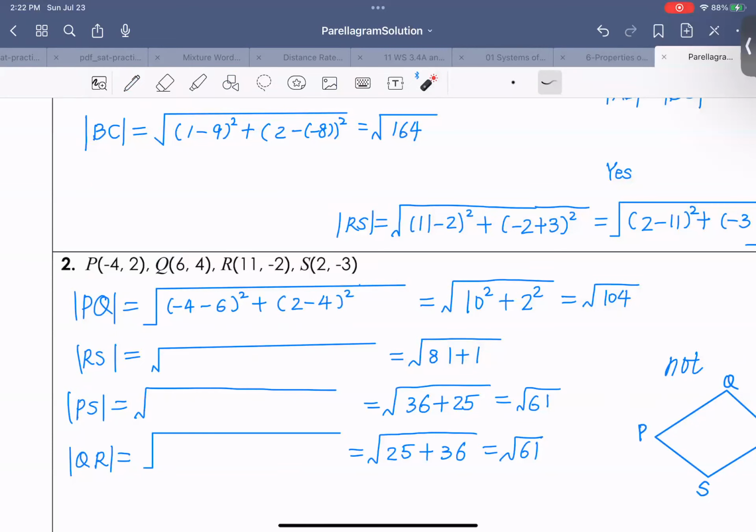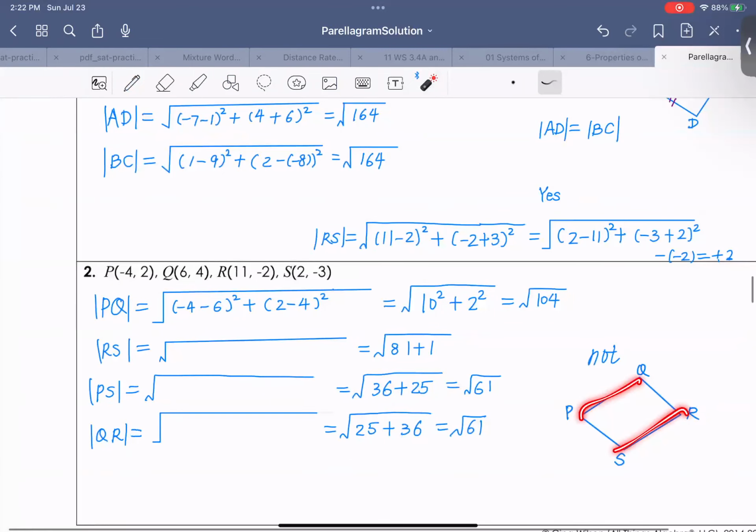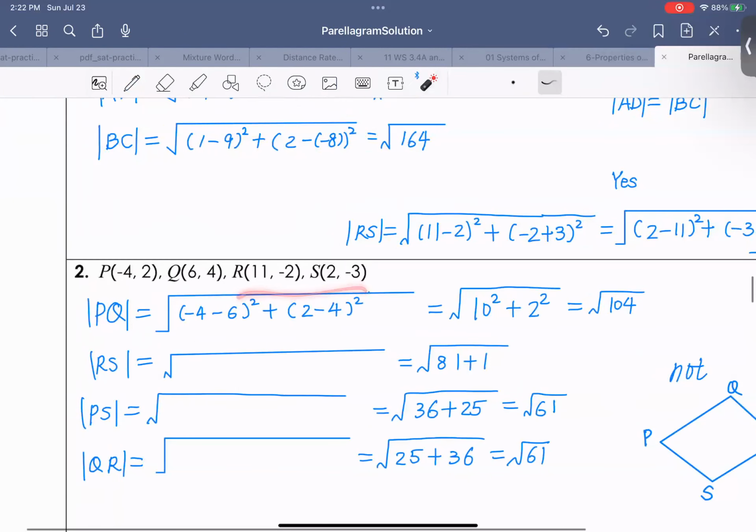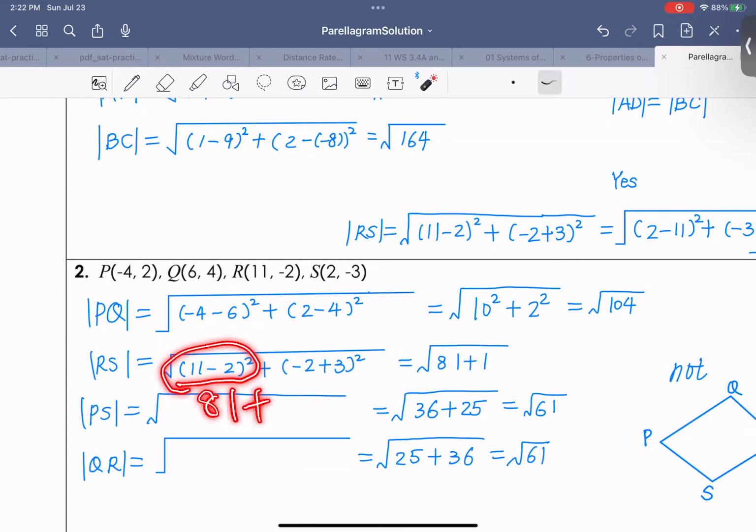Okay, now this is PQ and then let's do RS. Go ahead. Parentheses 11 minus 2 squared plus parentheses -2 plus 3 squared. And you get 81 plus 1, which is square root of 82.